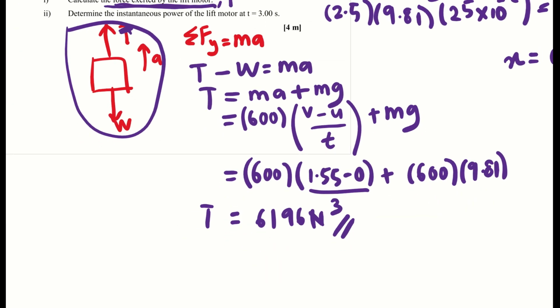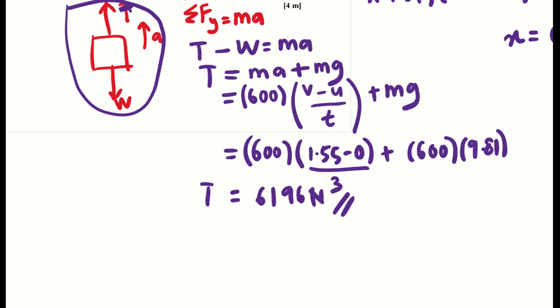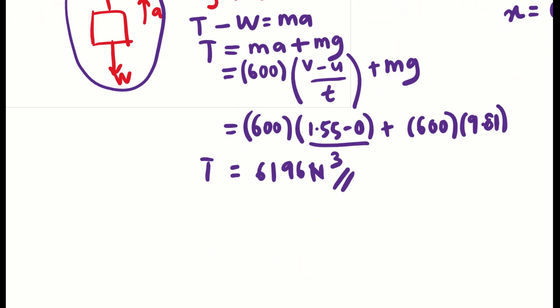Now we go to the second question. The question asks us to find the instantaneous power of the motor at t equals 3 seconds, so it's the same period as the previous case. For the solution, we just use power equals FV.